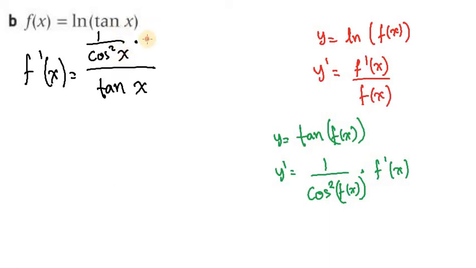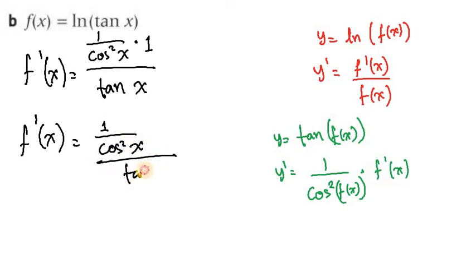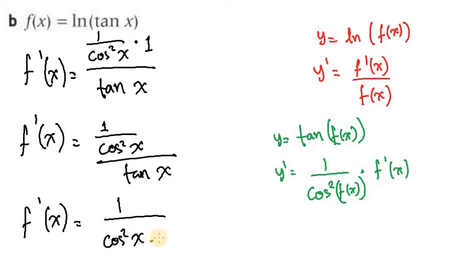The derivative of x is 1, times 1, like that. So we will have f'(x) equals 1 over cos square x, over tan x. You can move the cos square x down. We will end up with f'(x) equals 1 over cos square x times tan x. That should be the final answer.